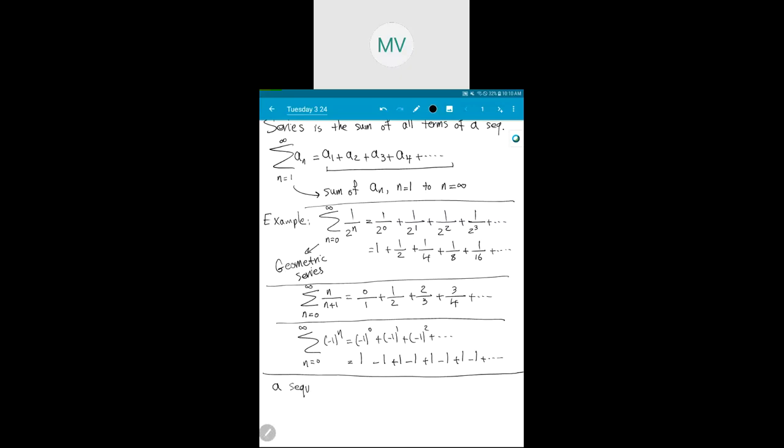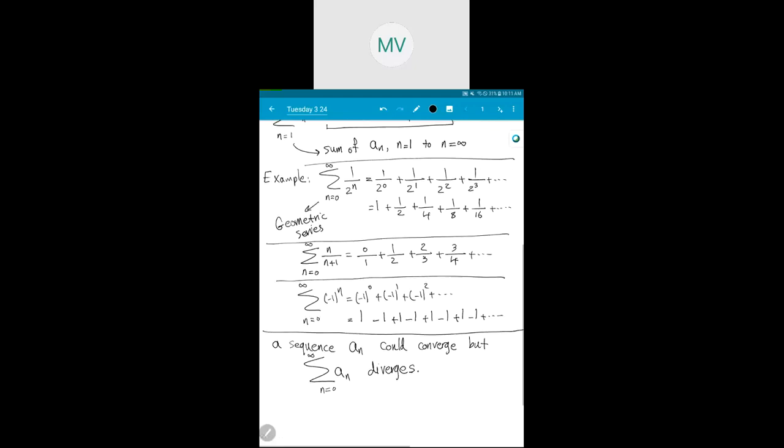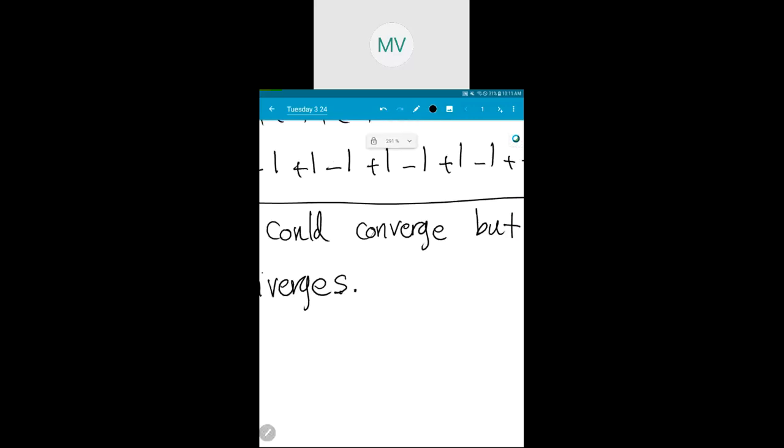A sequence A sub n could converge, but the sum of A sub n started from 0 to infinity diverges. Right? In fact, there are many cases.